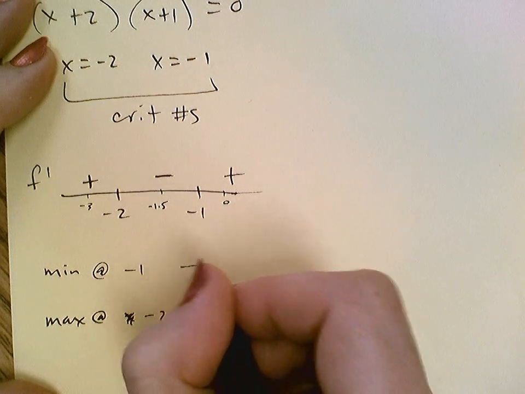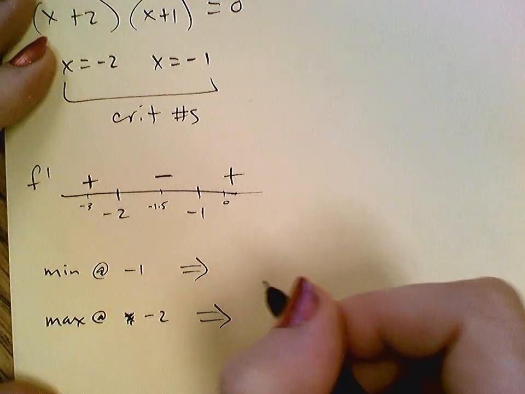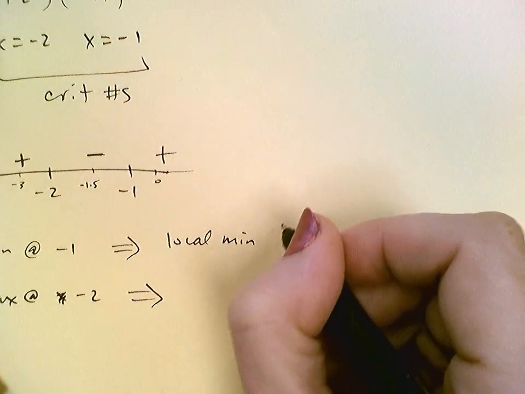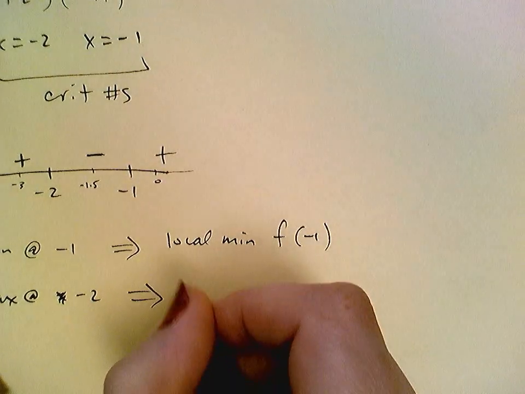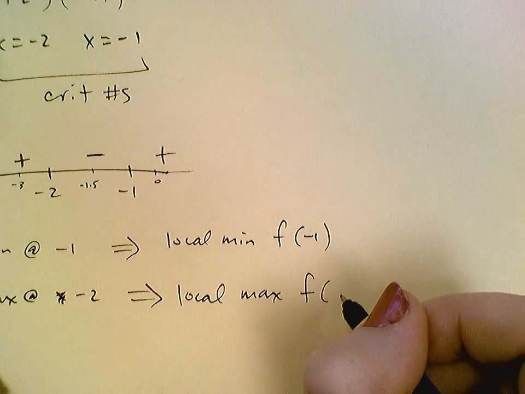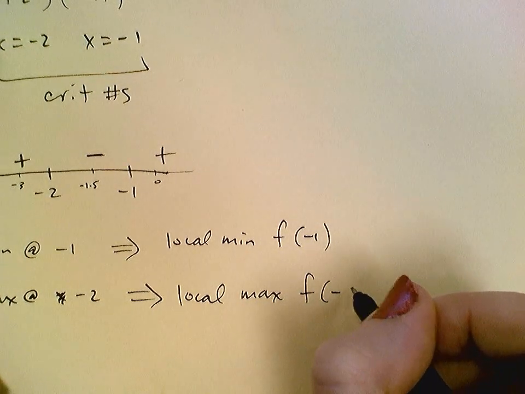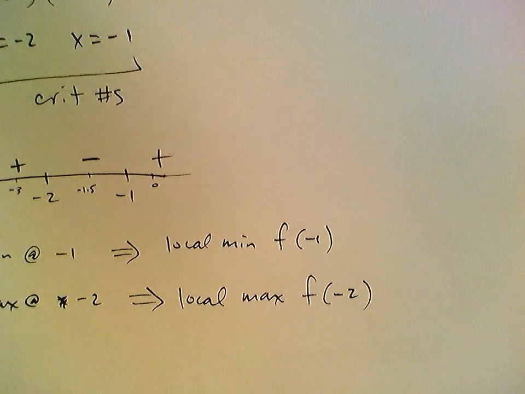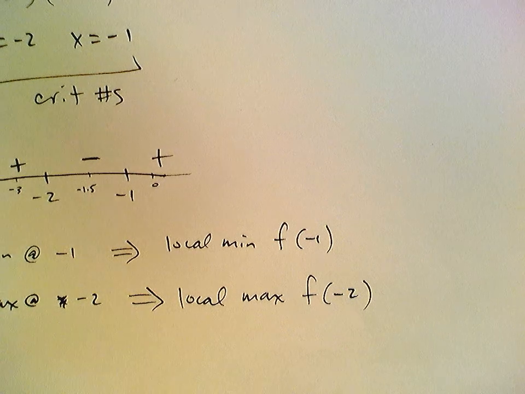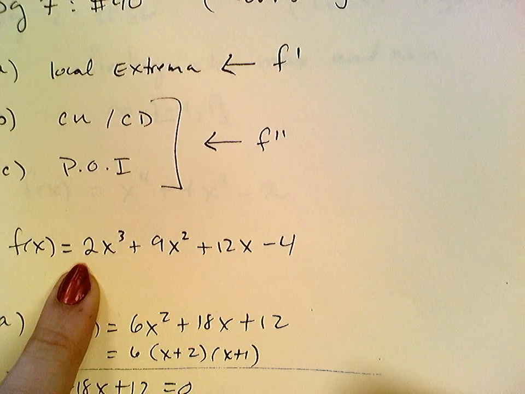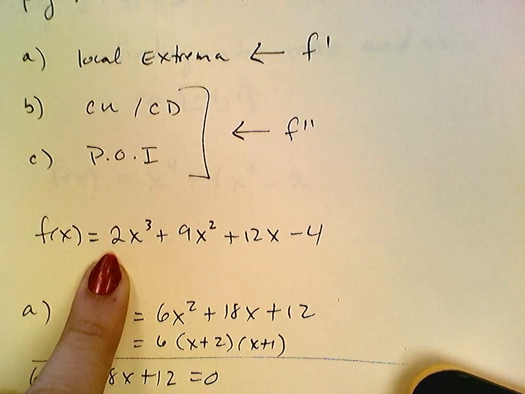Okay, so local min is going to be f of negative 1. Local max is going to be f of negative 2. And then you've got to plug them into a calculator. Right, and you're plugging into the original this time. The extrema are on the original function. So I'm plugging in negative 1.